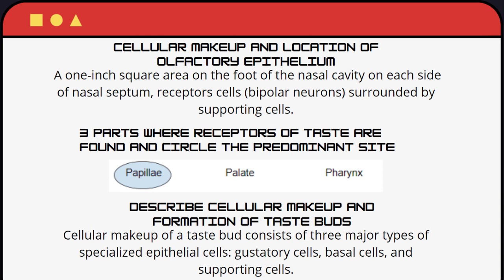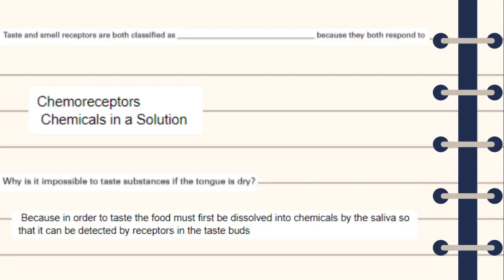Describe cellular makeup and formation of taste buds. The cellular makeup of taste buds consists of 3 major types of specialized epithelial cells: the gustatory cells, basal cells, and supporting cells. Next is that taste and smell receptors are both classified as chemoreceptors because they both respond to chemicals in a solution.